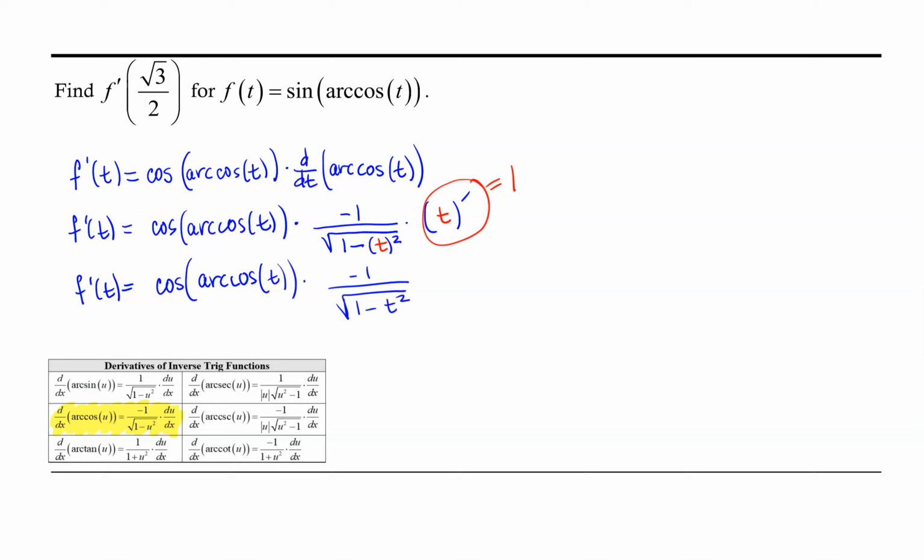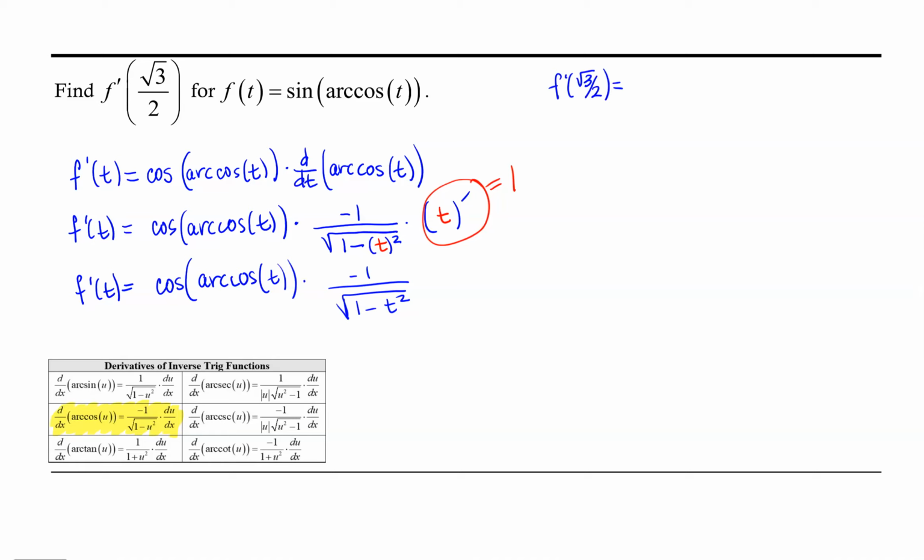Now at this point, we can go ahead and evaluate our function. So we want f prime of square root 3 over 2.